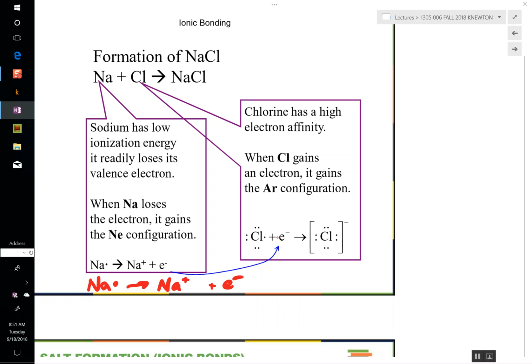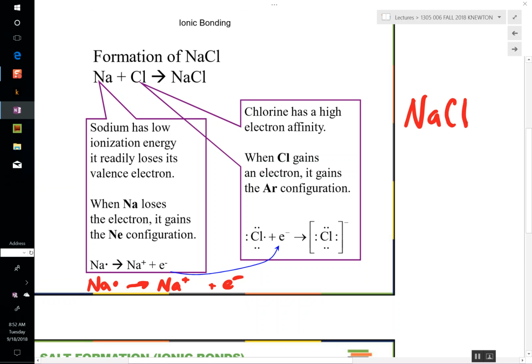Okay? A positive ion does not form just by itself. It very readily forms when it reacts. A metal reacts with a non-metal. You get a positive ion and a negative ion. And you form an ionic compound, sodium chloride.